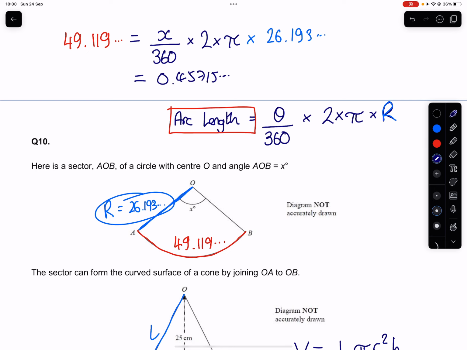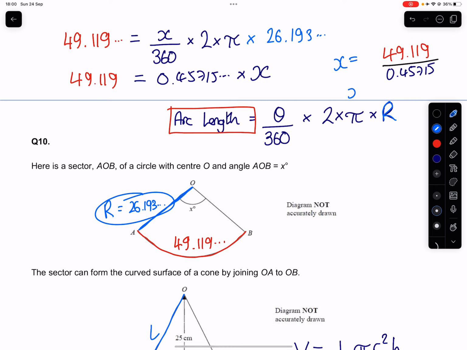0.45715 and change. So we have that times x. On the right hand side, we still have this 49.119. And then in order to get x by itself, I'm going to take that 49.119 and change and divide it by 0.45715.